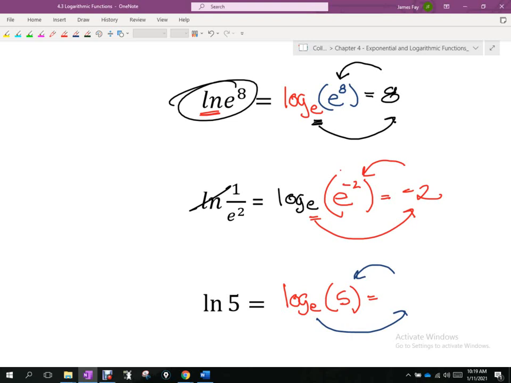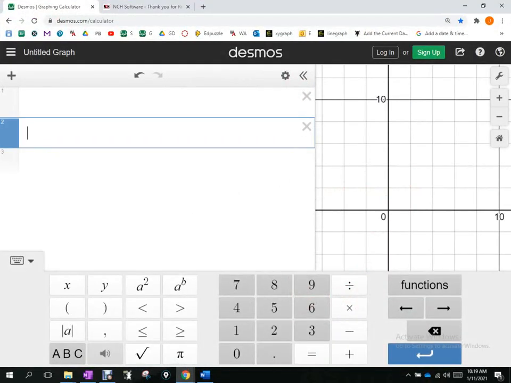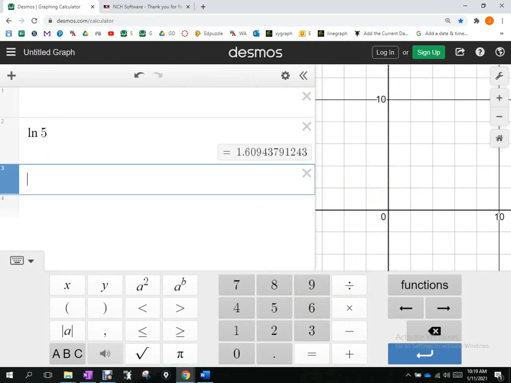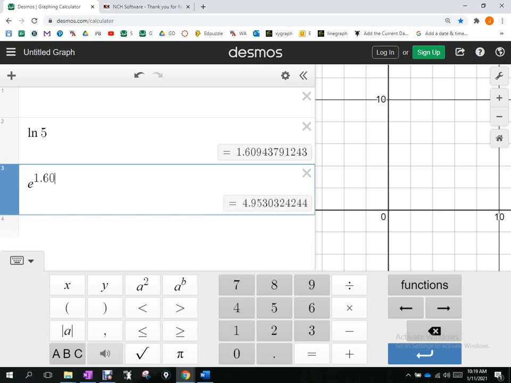Okay. So in this situation, you actually have to use your calculator. Okay, so ln of 5, that is going to evaluate to that number right there. So that is what I could take e and raise to, 1.60943791243.